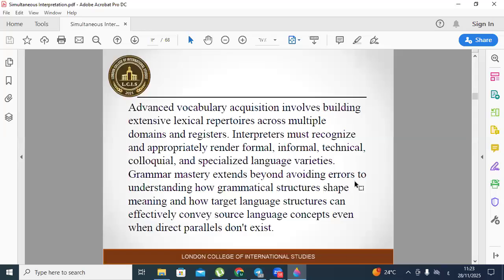Languages structure ideas differently. Some use word order to indicate relationships, others use inflection. Some make certain distinctions explicit that others leave implicit. Some concepts that require multiple words in one language have single words in another.